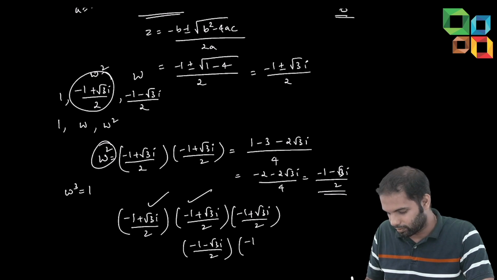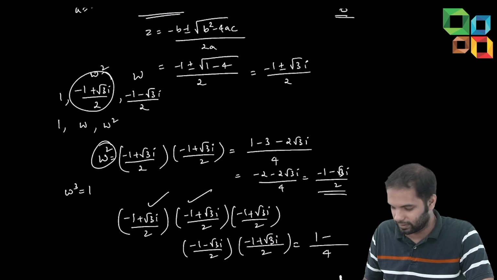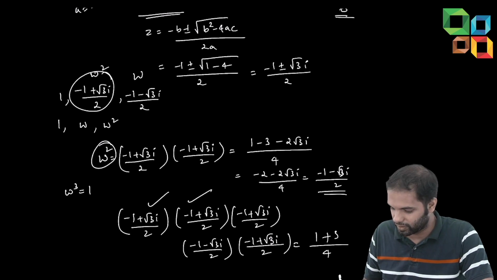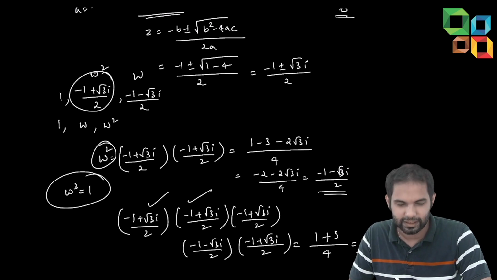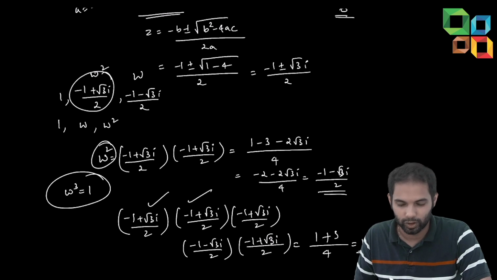All I have to do is multiply this with minus 1 plus root 3i by 2. What do I get? Denominator is 4. Numerator is a plus b into a minus b. It's 1 minus root 3i square. Root 3i square will be minus 3, so it will be plus. Can you see it's equal to 1? So one important property we have already established: the cube roots of unity, omega cube is equal to 1.